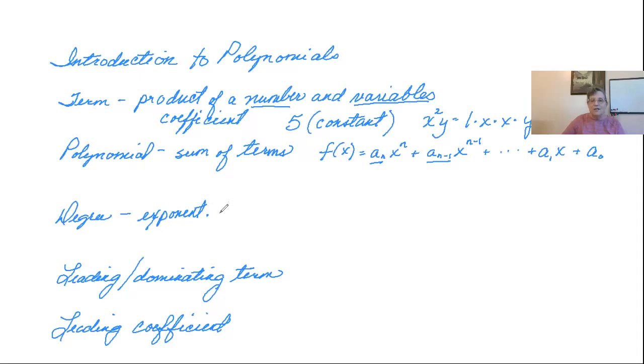So the degree of any term is its exponent. The degree of a polynomial is the largest exponent. This is assuming it's just one variable.